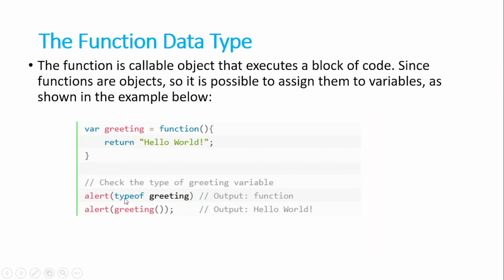If we specify typeof, then give a space, and then specify the variable name, it will give us the data type that variable is storing. It is storing a function, so it returned the function data type. We can also call this function by using the variable name greeting, and then executing it by adding these parentheses.